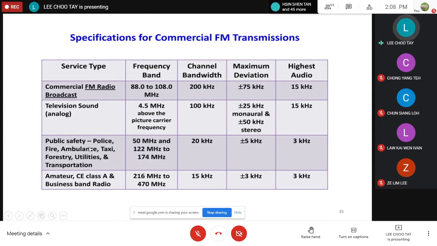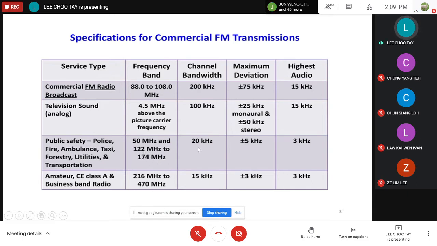And then for public safety, such as the communication between the police department, fire department, and taxis and whatever, the frequency band allocated in Malaysia for this application is 50 megahertz, and then from 122 to 174 megahertz.